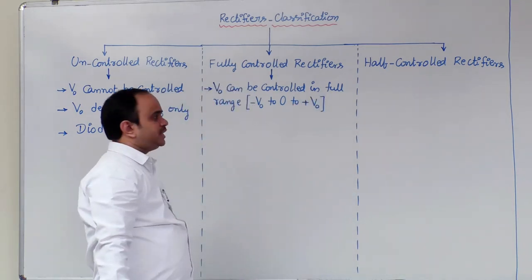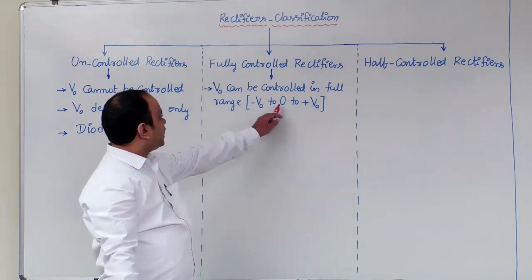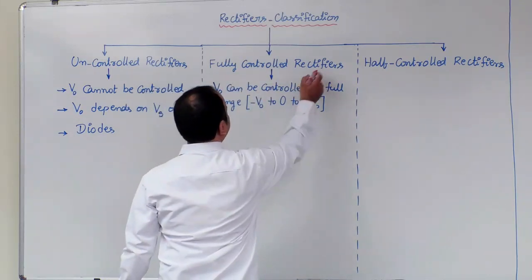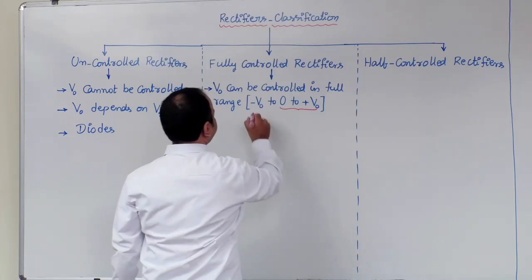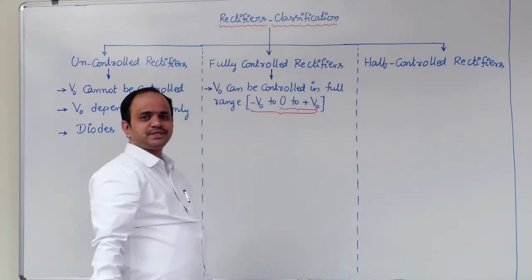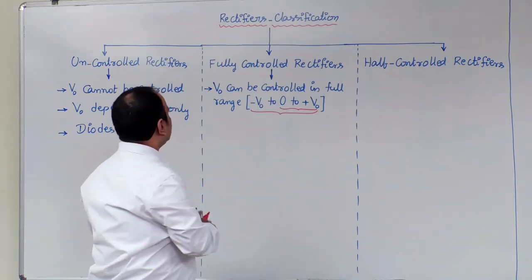When any function is changing from the negative side to the positive side, it has to cross 0. Now in this particular circuit, some topologies will have 0 to plus V naught, some circuits will have minus V naught to plus V naught, all together classified under these fully controlled rectifiers.